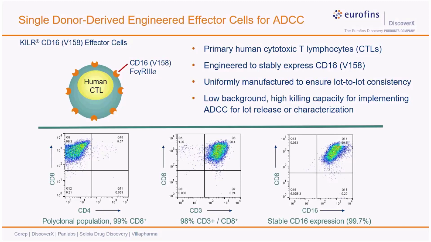Lastly, these cells are engineered, as I mentioned, to express CD16 receptor on their surface, and from this data, almost 100% of cells are positive for CD16 expression. In a nutshell, these are CD8 positive, CD3 positive, and CD16 positive cytotoxic T cells.